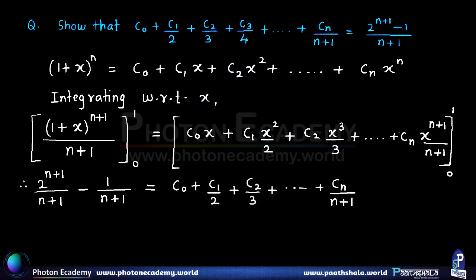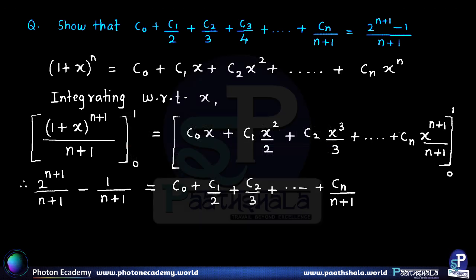Now from this, when we subtract the substituted expression of the lower limit, which is 0, we can see that all the terms are having x, so when you put x as 0, the evaluation of the lower limit will become entirely 0, so there is no need to write anything.